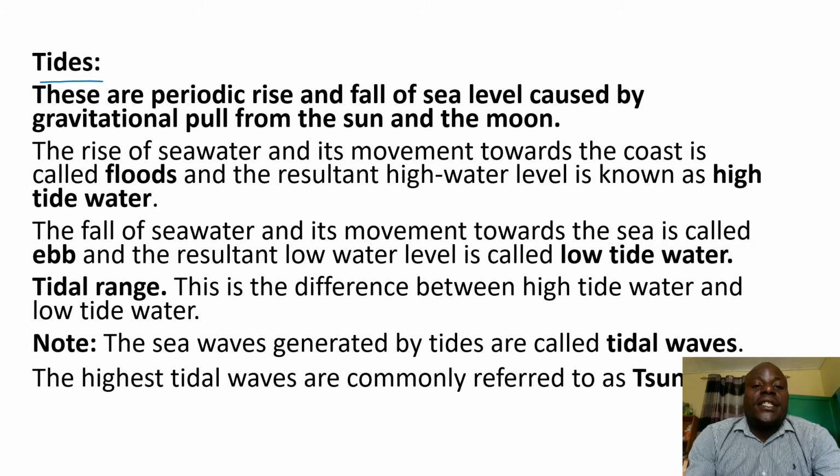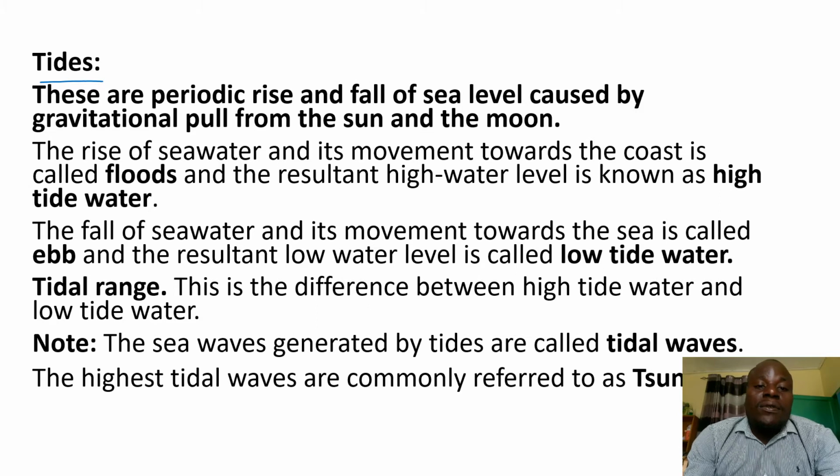These are periodic rise and fall of sea level caused by gravitational pull from the sun and the moon. The force of gravity from the sun and the moon has got a great influence on seas and oceans, and thus occurrence of tides.